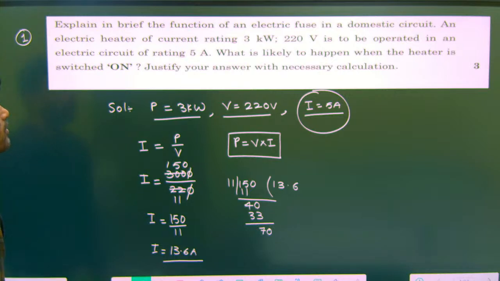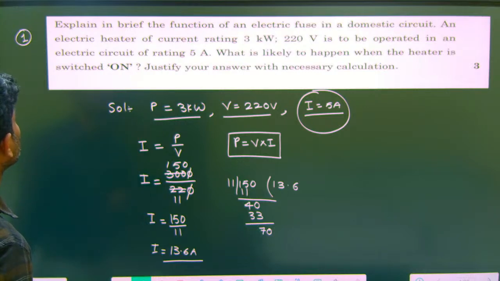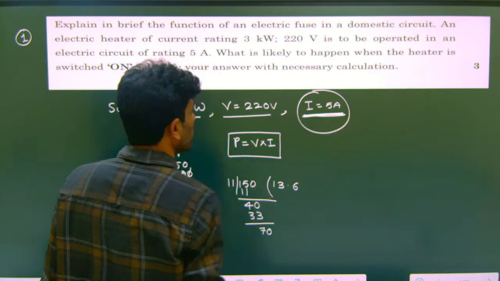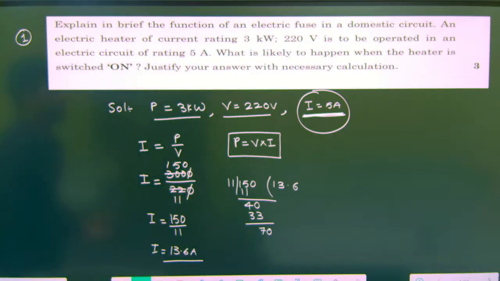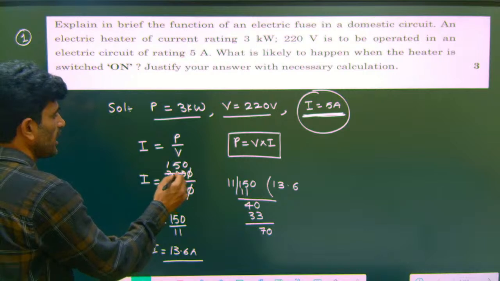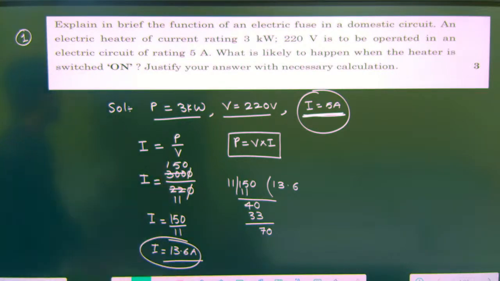So what happens if that is connected? It is to be operated in an electric circuit of rating 5 amperes. What is likely to happen when the heater is switched on? Justify your answer. Because it can be allowed only up to 5 amperes. But at this rate of voltage and power, 13.6 amperes, that much current, is passing through the heater.